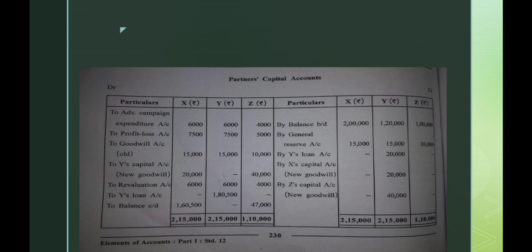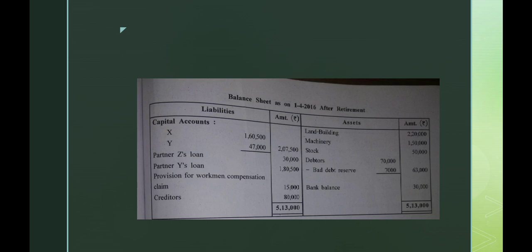So here you can see in partners' capital accounts on debit side it is 1,80,500. This is to be kept as a loan. It is written over there to Y's loan account 1,80,500 and this is to be transferred in your new balance sheet. You can see this on credit side.